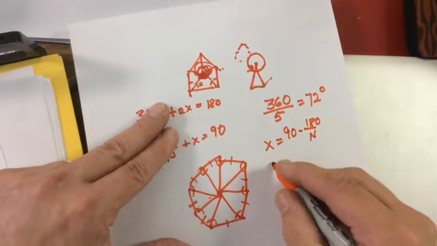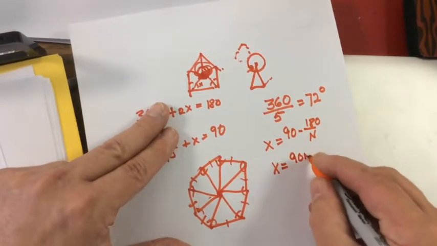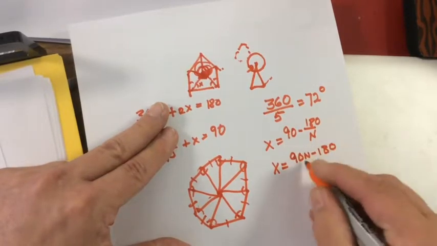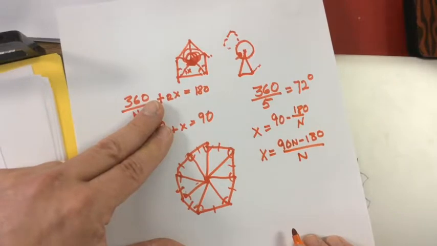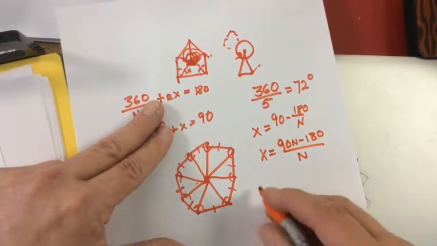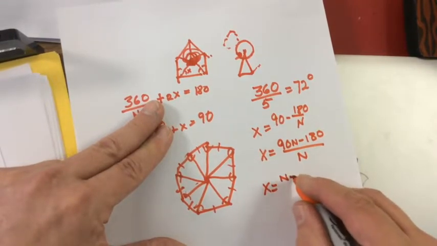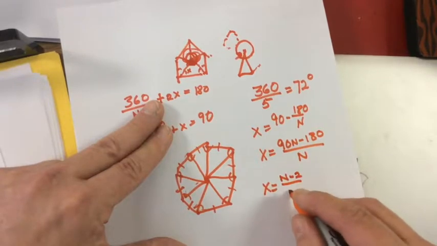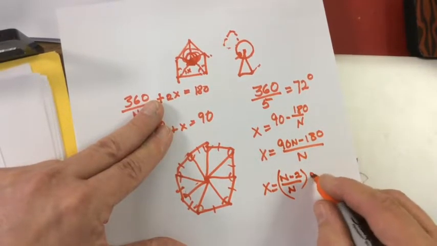I could actually put this together and say 90n minus 180 over n. I could even do this: x is equal to n minus 2 over n times 90 degrees.